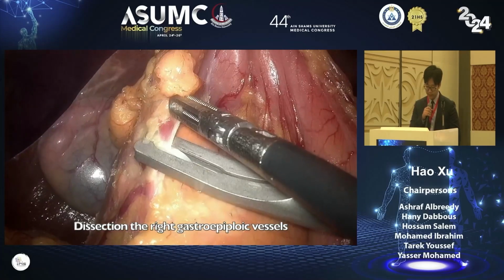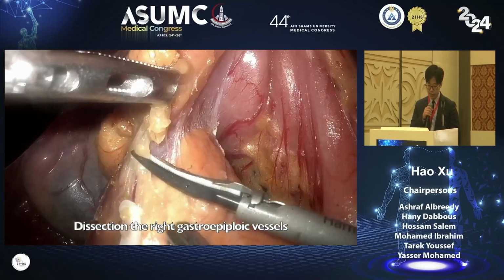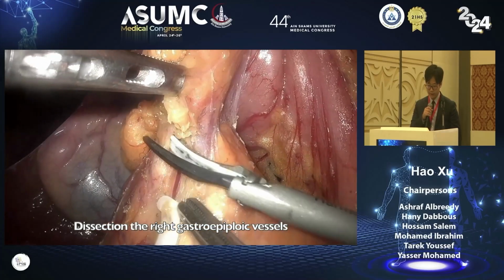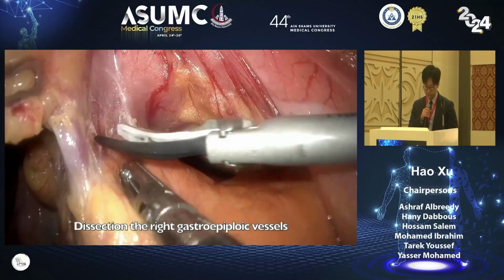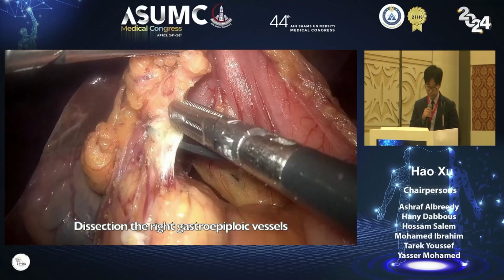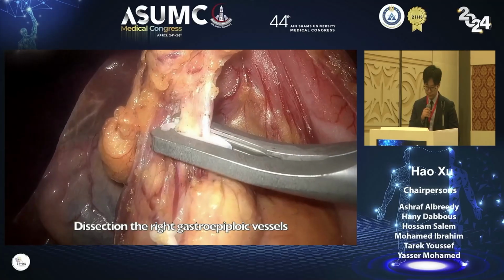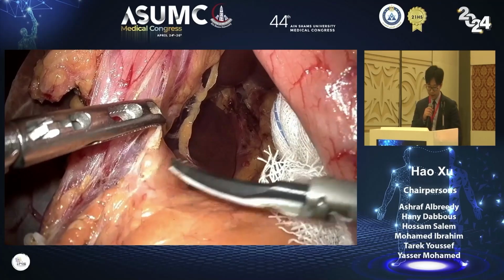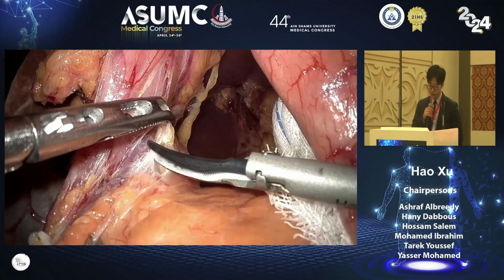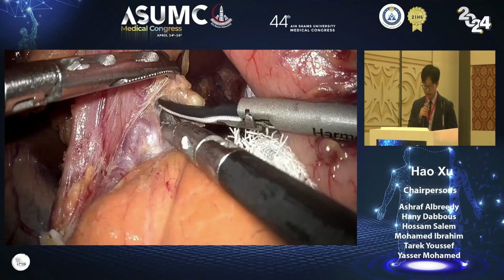Then we dissect the vein and continue to isolate the artery. Then we dissect the artery and separate the GDA and the common hepatic artery.